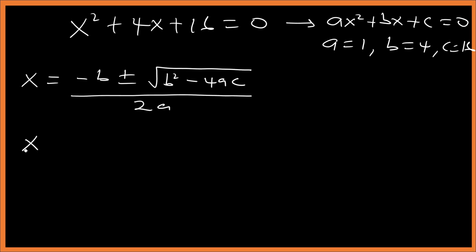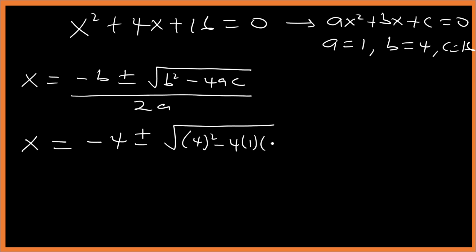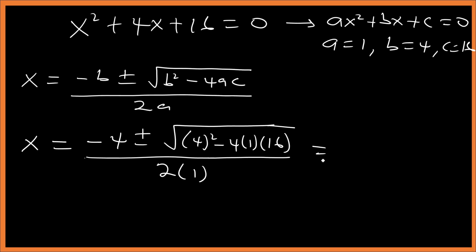Now remember, minus b is minus 4. So we have minus 4 plus or minus square root of 4 squared minus 4 times 1 times 16 on 2 times 1.